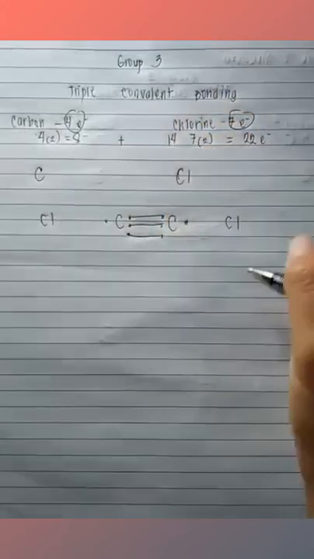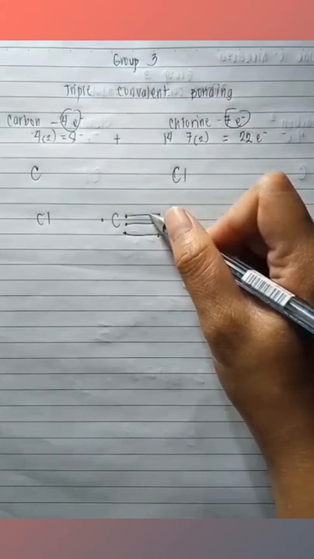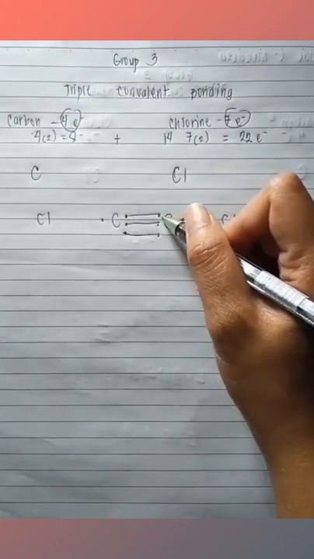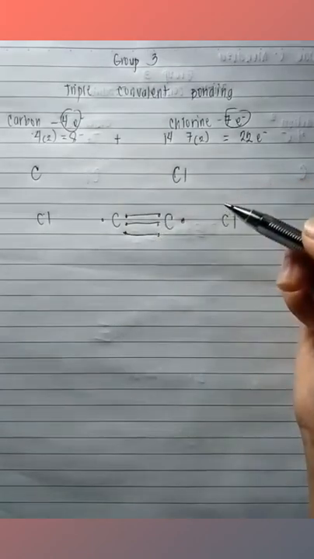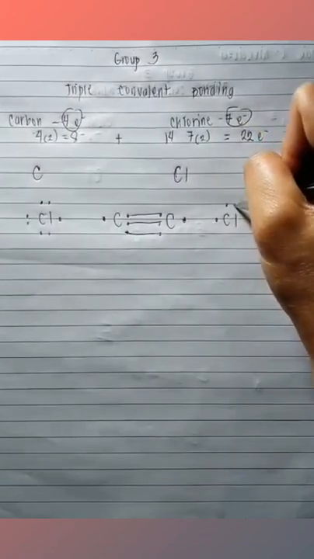As you can see, we connect the dots, which is 6. We have 6 dots, and I put the valence electrons of chlorine, which is 7, on both sides.